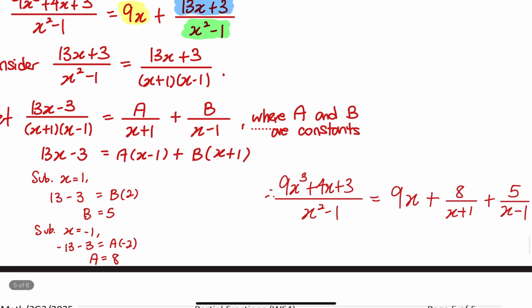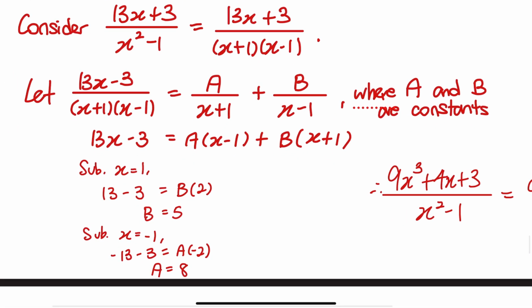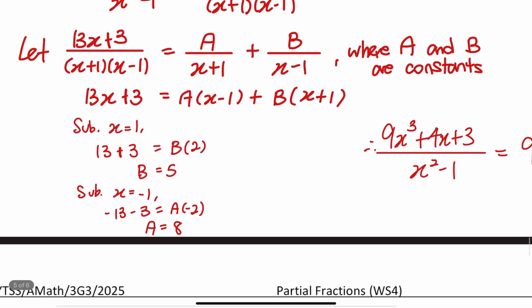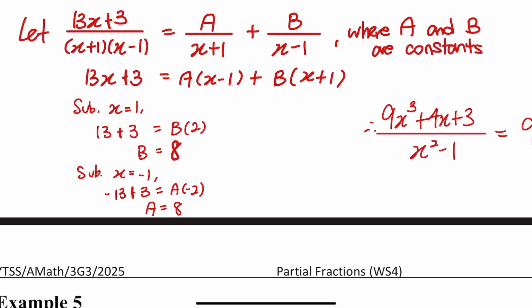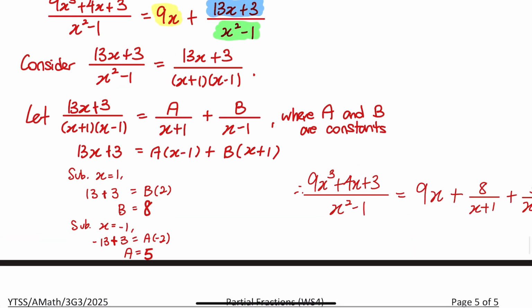Wait, did I make a careless mistake? Sorry, I wrote this to be 13x minus 3. This one should be plus 3. Careless mistake here. Then your answer will change. With 13x plus 3, your B should be 8 and A should be 5. So just a small correction.